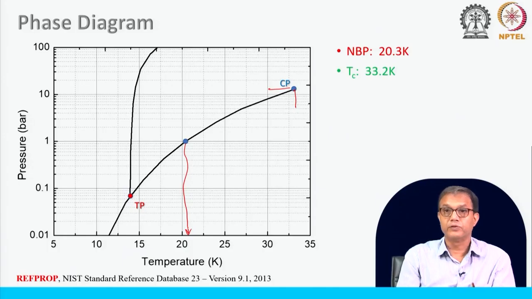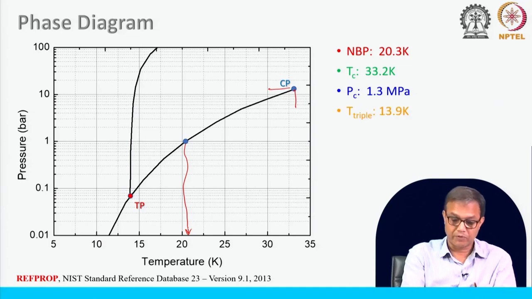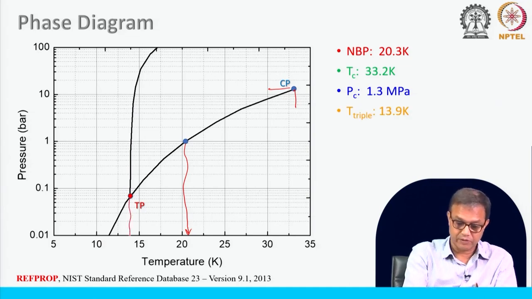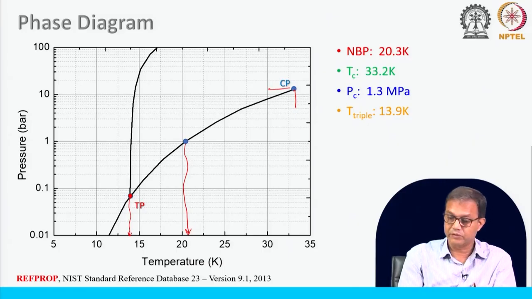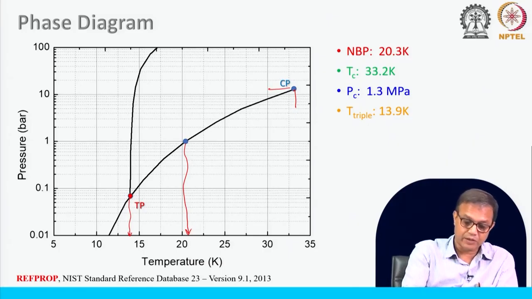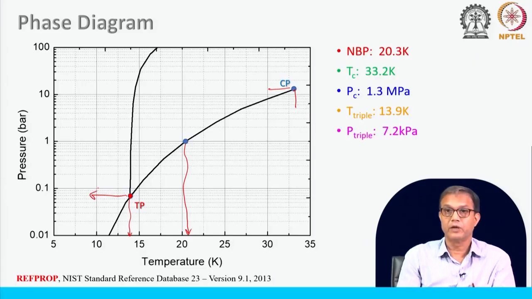Once again this T c is the critical point temperature, critical point pressure, and this is the triple point temperature. Now, it is not that difficult to figure out that this is 13.9, and the corresponding pressure on this side is subatmospheric, it is 7.2 kPa.